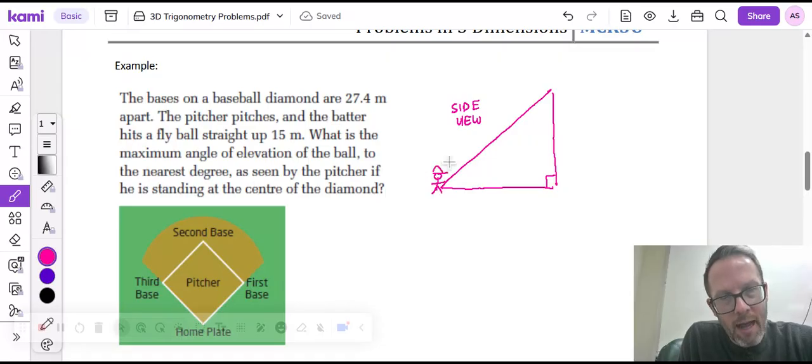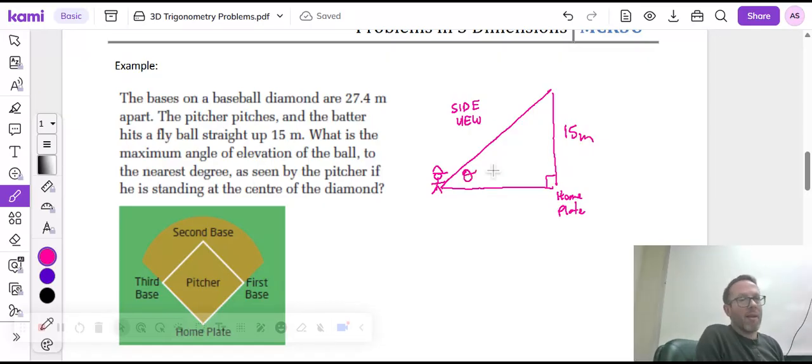Let's put a baseball cap on him so we know that he's the pitcher. And here's home plate. And the ball is popped up 15 meters, and we're asked to find the angle of elevation. That's all we're given in that side view of the problem. So we're stuck for now.